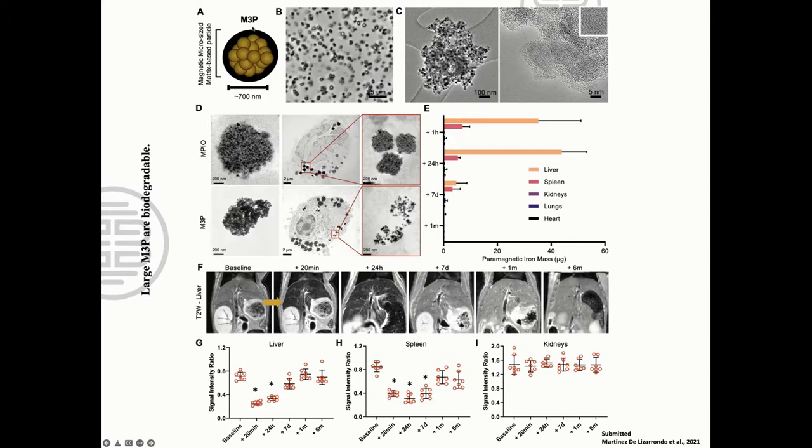So here is what our particles, which we call M3P, look like. They look like this shape by using microscopy. And here is what the particles look like by using electron microscopy. We also demonstrated that they can be captured and phagocytosed by macrophages and degraded in macrophages.